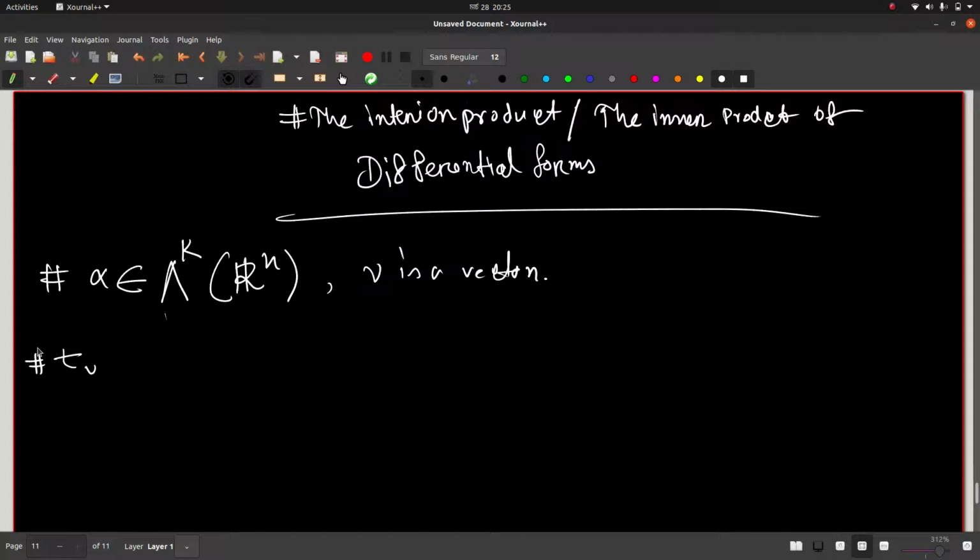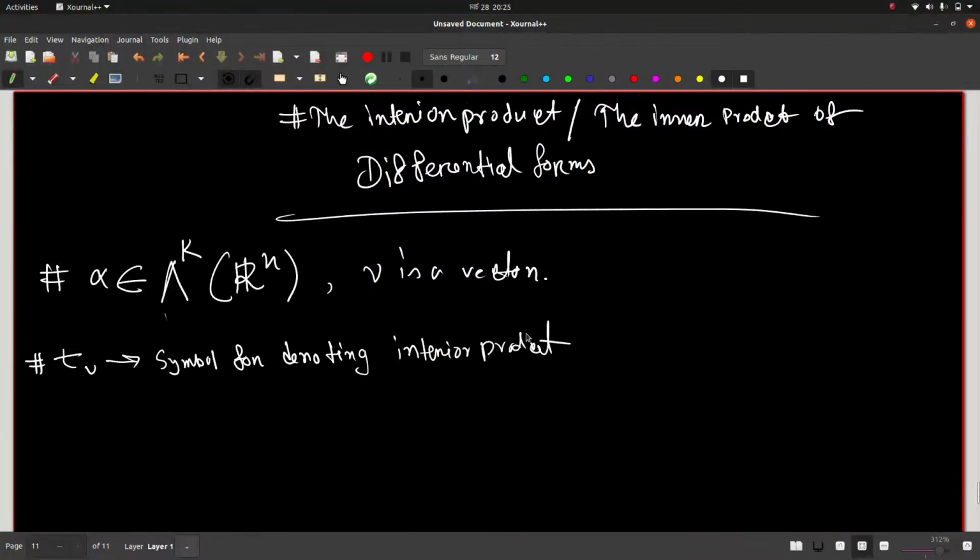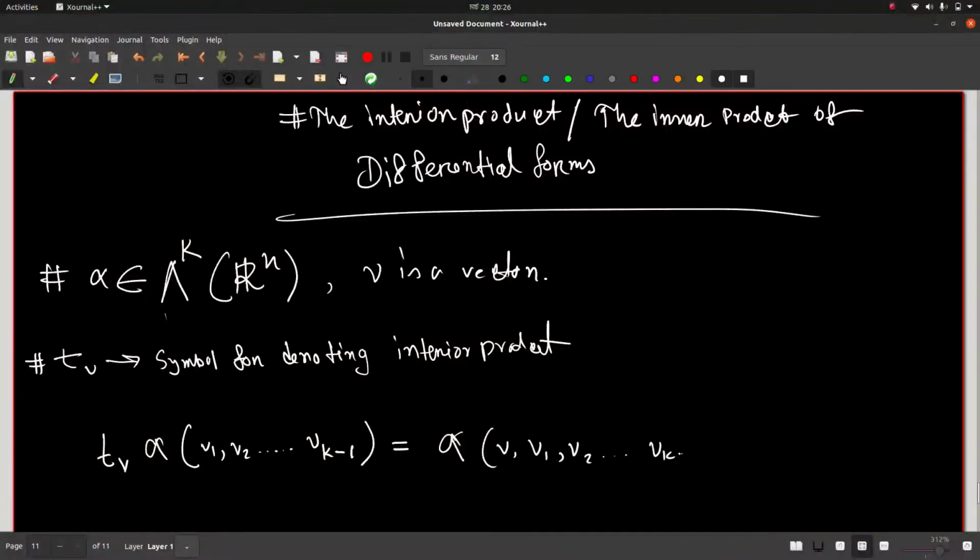In fact, you can choose any other notation you want. So this is the symbol for denoting this interior product, and it is defined as follows. So this is the interior product between a vector and a differential form.